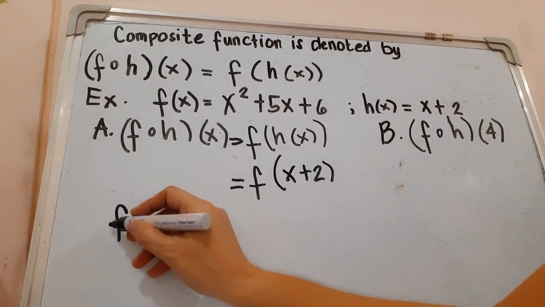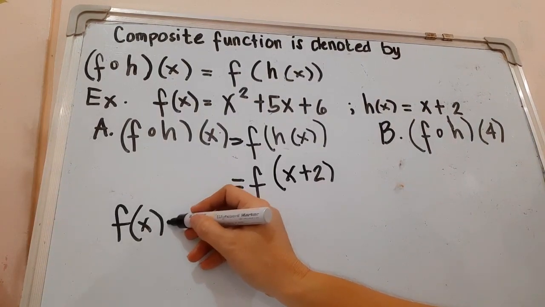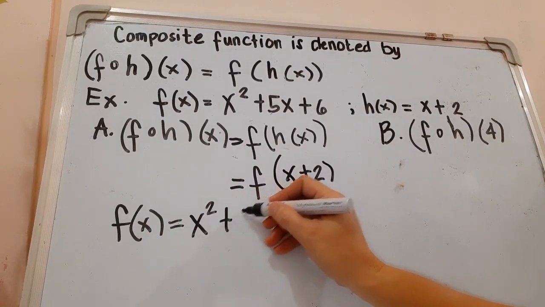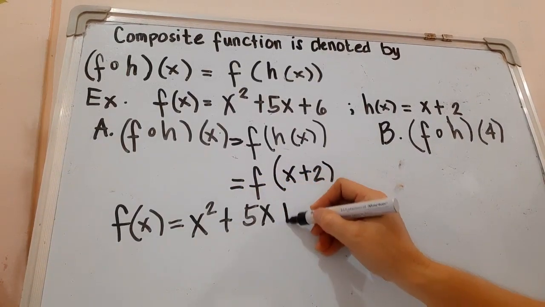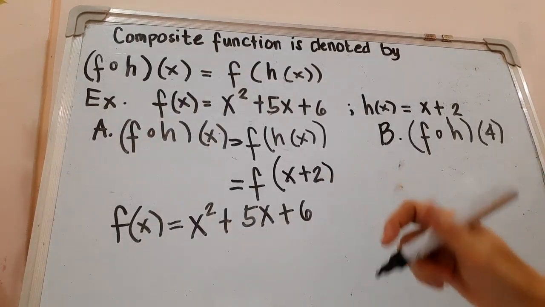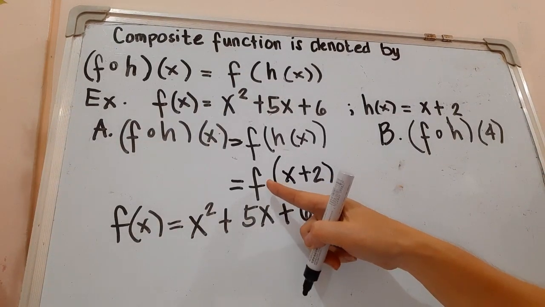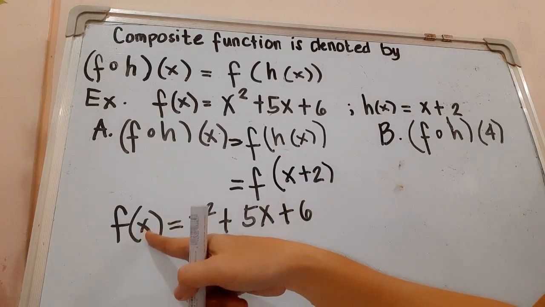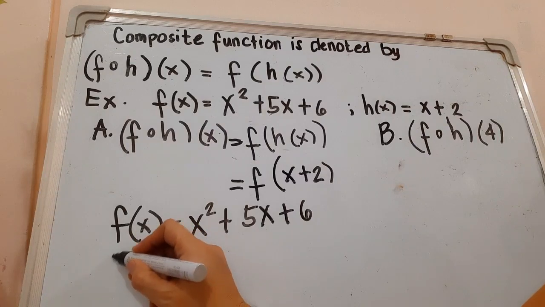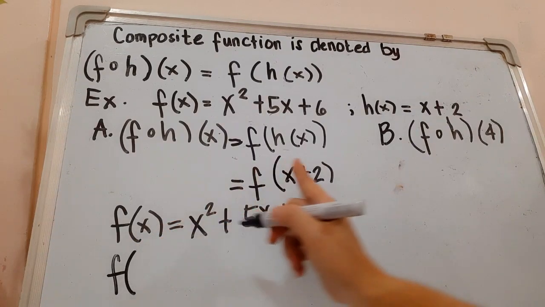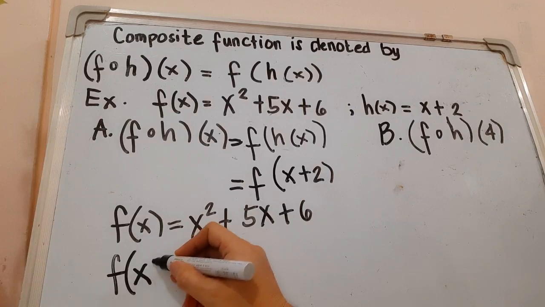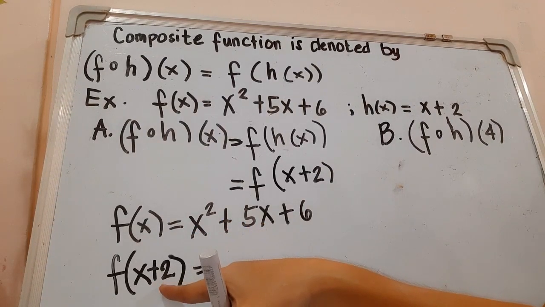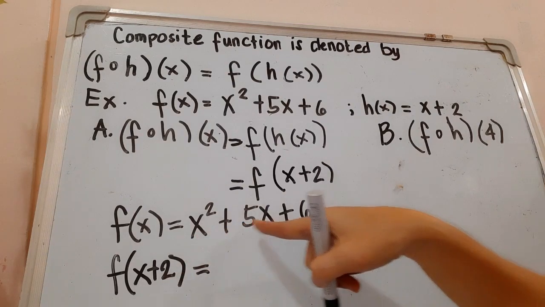Knowing that our f of x is equal to x squared plus 5x plus 6, we will now substitute this value of the variable, which is x plus 2, to x. So this one will become f of x plus 2. And then we will substitute this x plus 2 to the variable x.